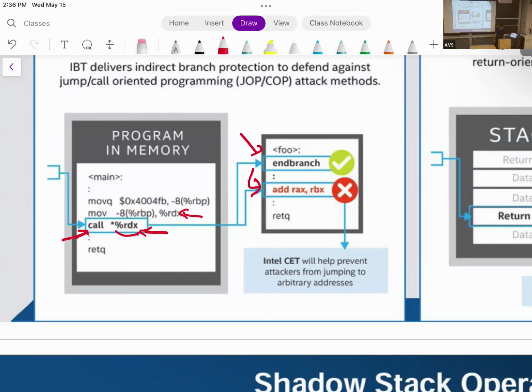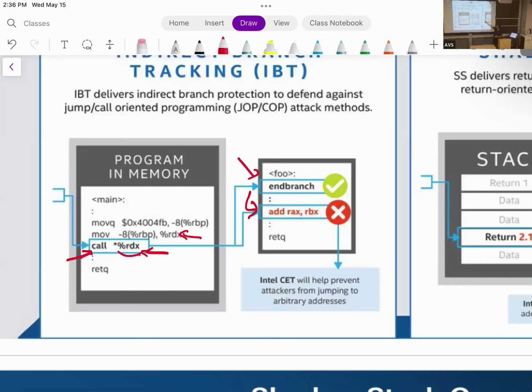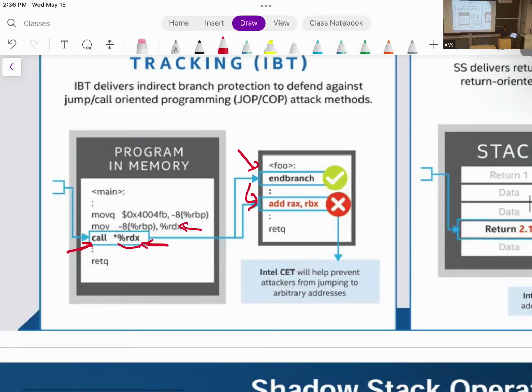This way I cannot, for example, create gadgets in the system. I cannot jump into the middle of a particular instruction. I can only jump to locations marked with endbranch. Okay, and this covers all sorts of jump-oriented and return-oriented programming, like JOP, COP, and ROP. These gadget-based attacks are all eliminated.